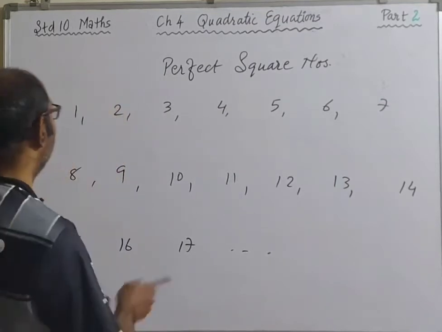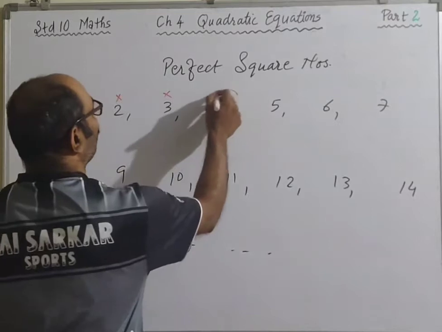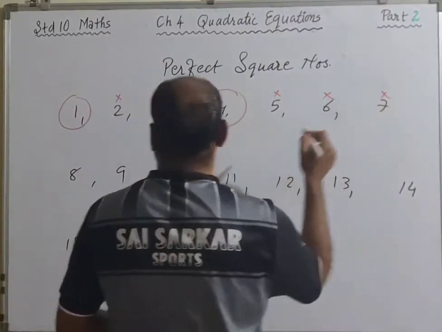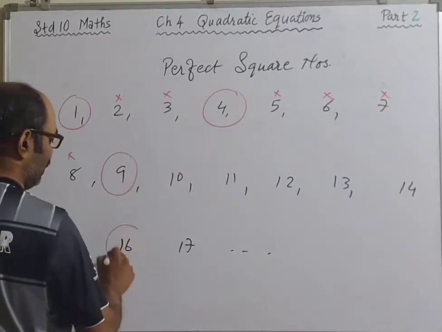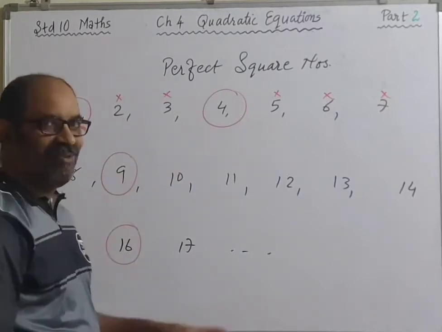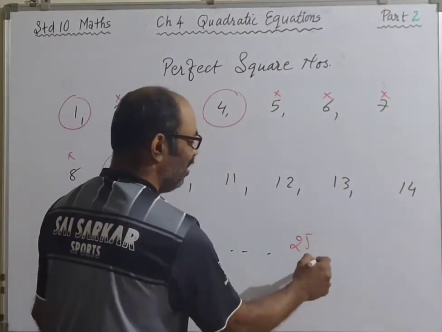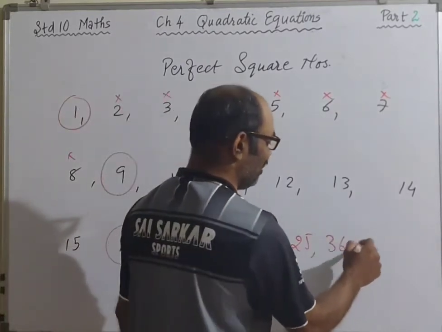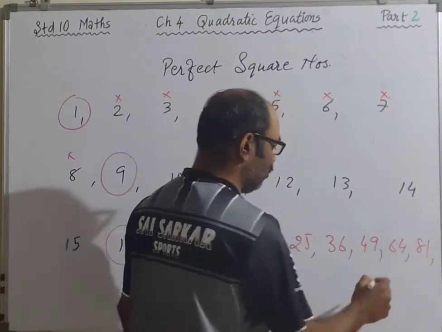You know very well, 1 is a perfect square, 2 is not, 3 is not, 4 is a perfect square, 5 is not, 6 is not, 7 is not, 8 is not, next is 9, after that 16, and what will be after 16? Yes, 25. What will be after 25? Yes, 36, 49, 64, 81, and so on.